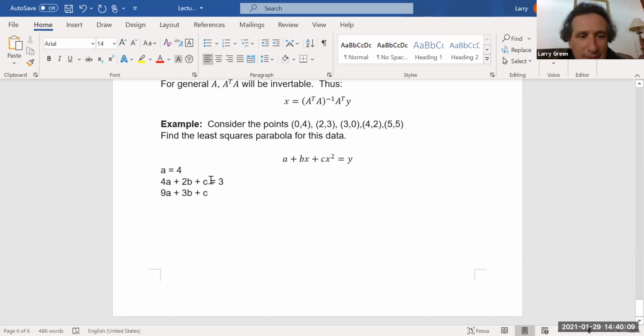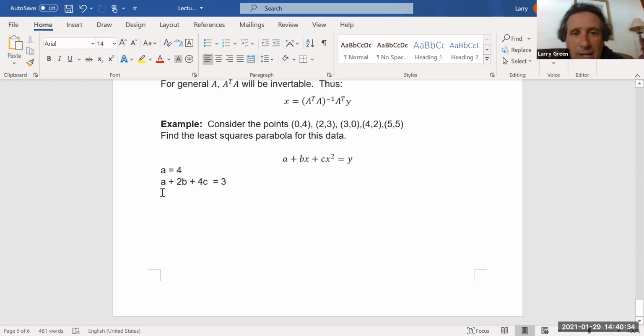So that's going to be A plus 2B plus 4C equals 3.